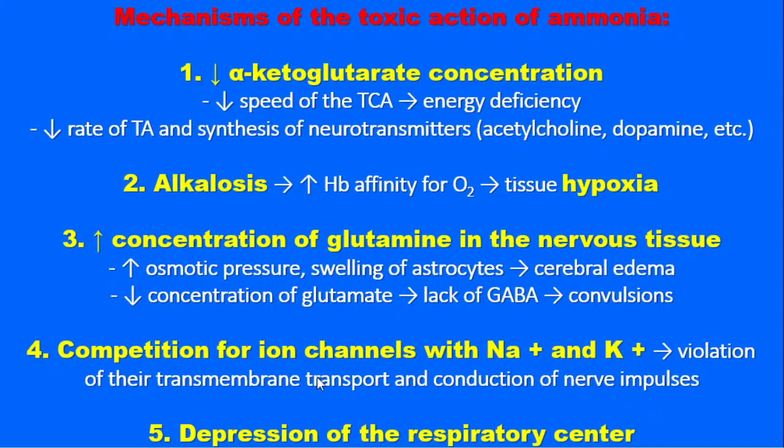And at the same moment, depression of the respiratory center. So the respiratory center cannot be regulated by a decreased quantity of oxygen. Tissues cannot obtain a normal quantity of oxygen, and this will of course increase the energy deficiency and can cause death. So free ammonia is very toxic, and something is necessary to do with this.